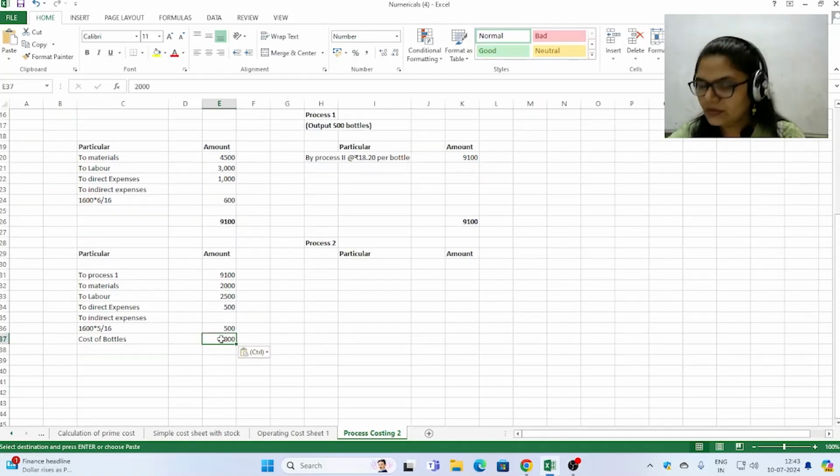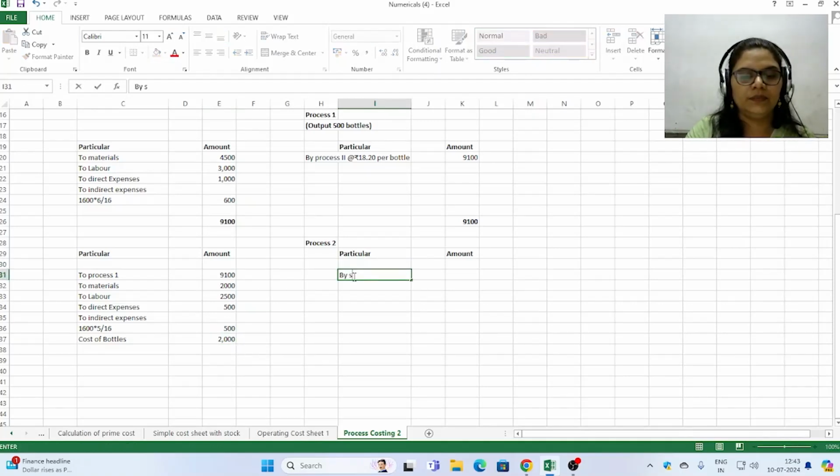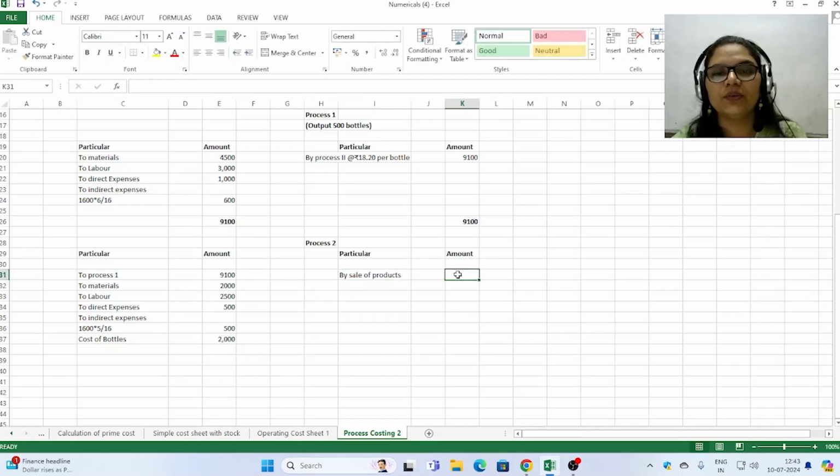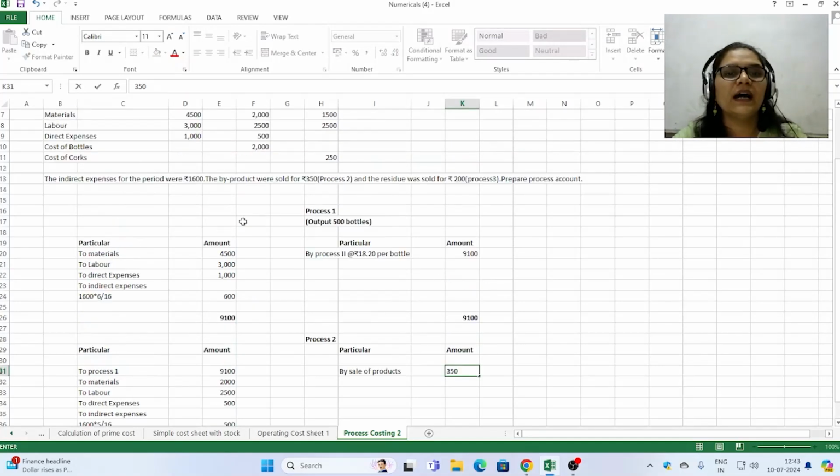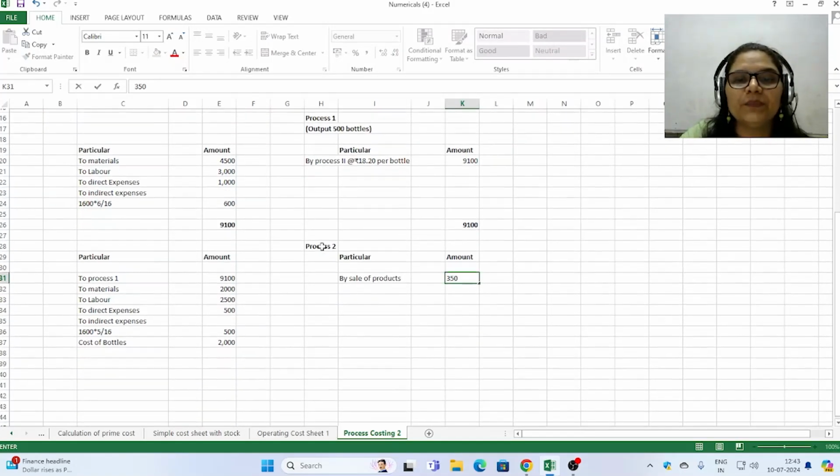Now, by sale of products. Sale of products, we all know it is given in the question. You can read it, that the byproduct was sold for rupees 350 in process 2.